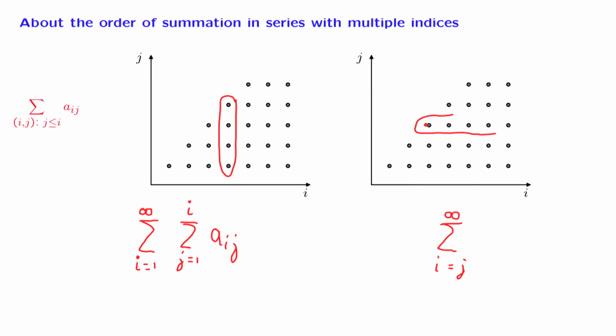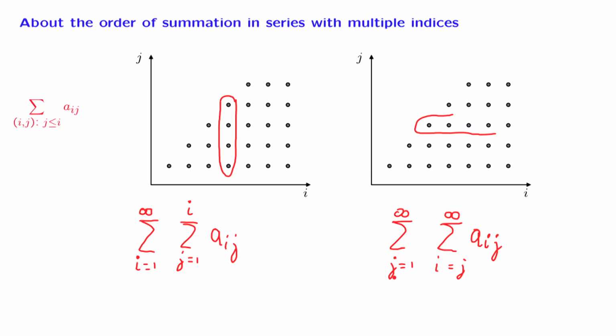And so i ranges from j all the way to infinity. And this is the sum over one of the rows in this diagram. We do this for every j, we get a result, and then we need to add all those results together. So we are summing for all j's from 1 up to infinity.